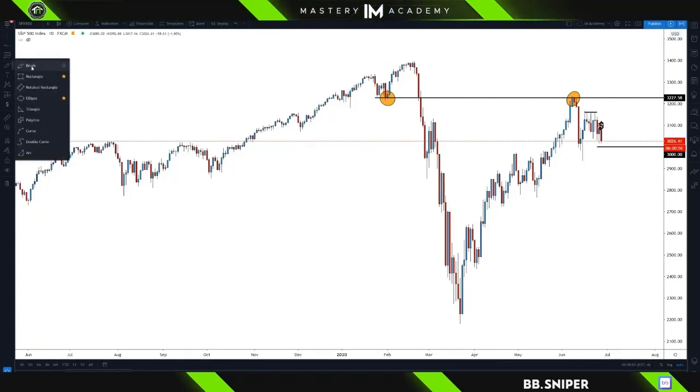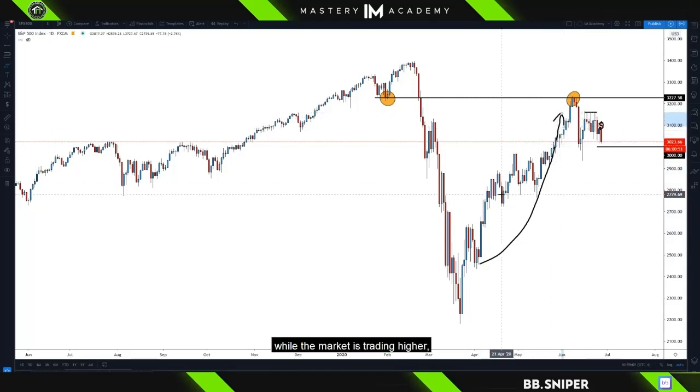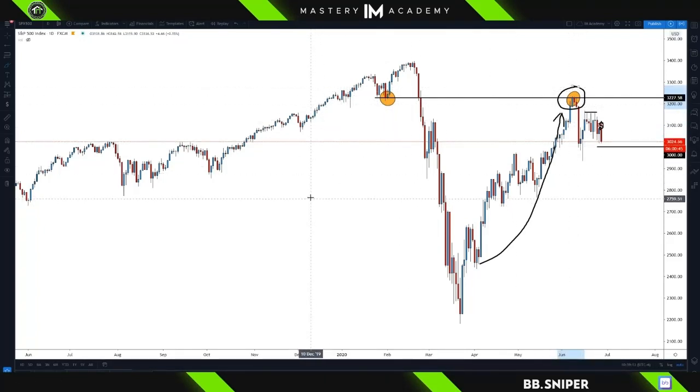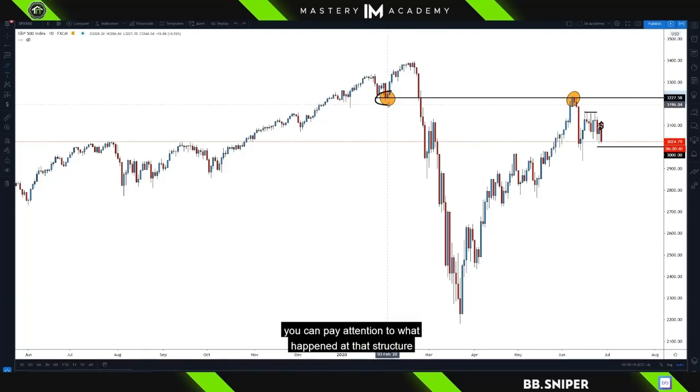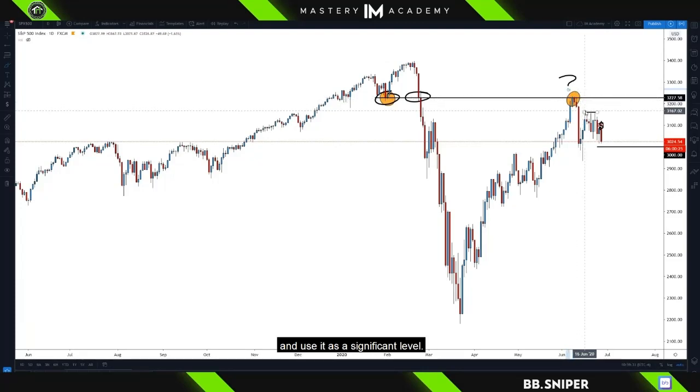During the entire approach, while the market is trading higher, even before we print these candles, you can pay attention to what happened at that structure, and use it as a significant level.